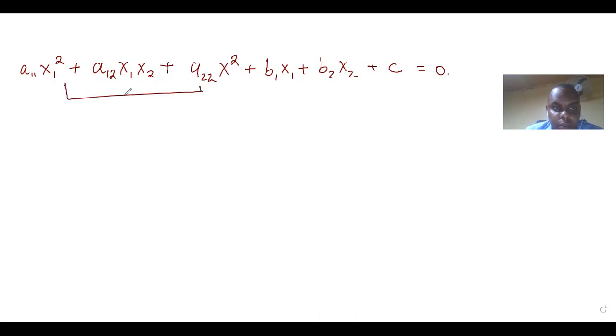And so step 1 says, write the equation in the matrix form of the quadratic.